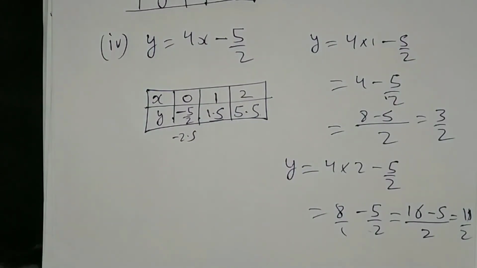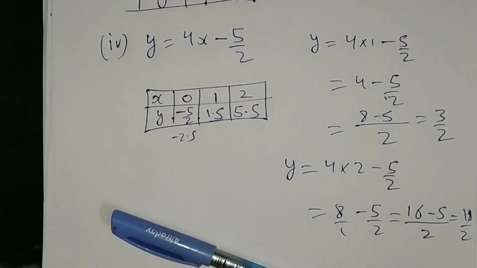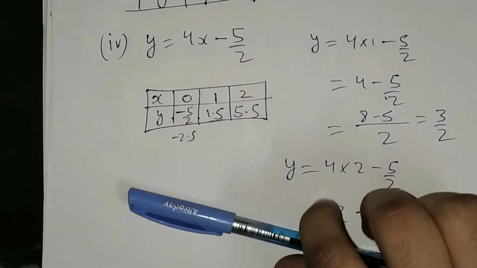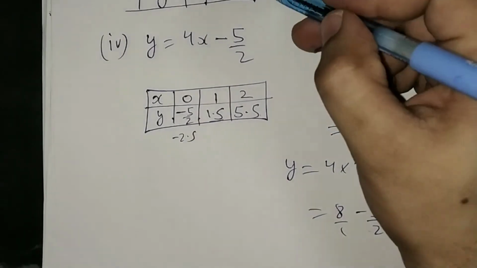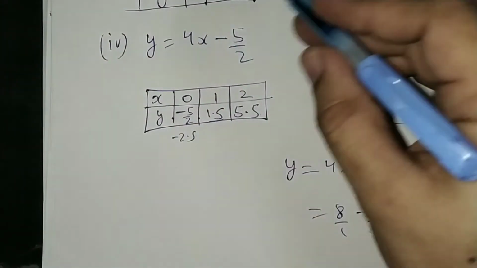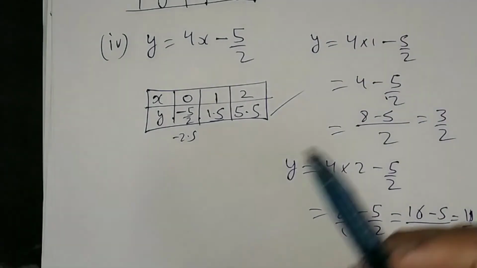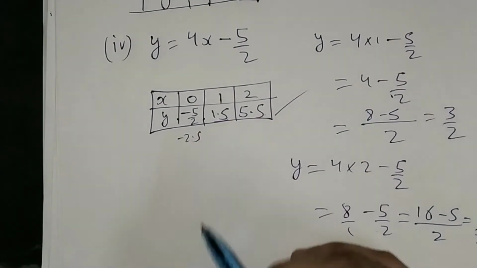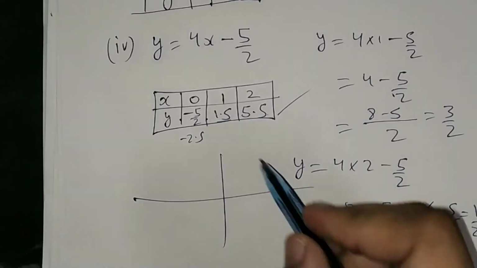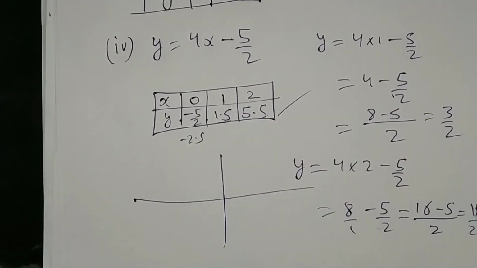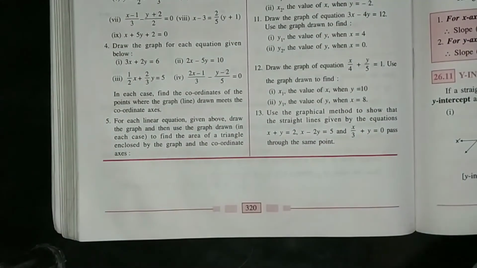So you can plot these 3 points. So this is how you do it. This is your fair part, this all is your rough part, but you can write on the same side. Then plot these points on the graph. So this whole exercise is like this.